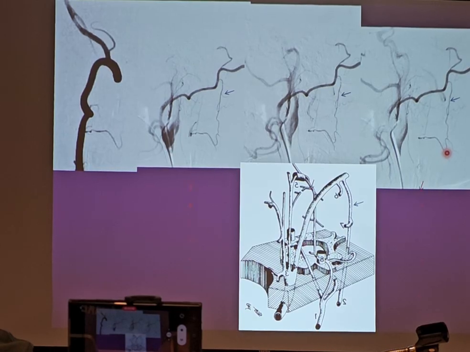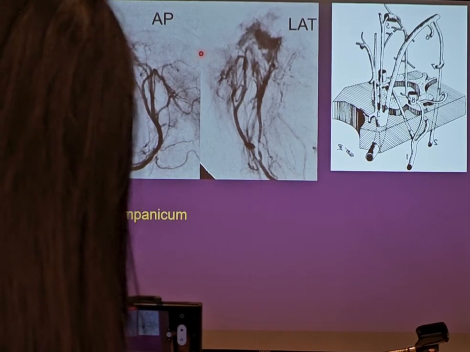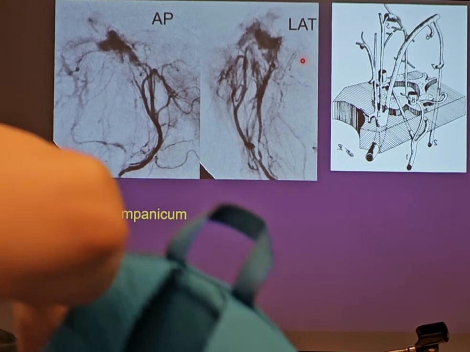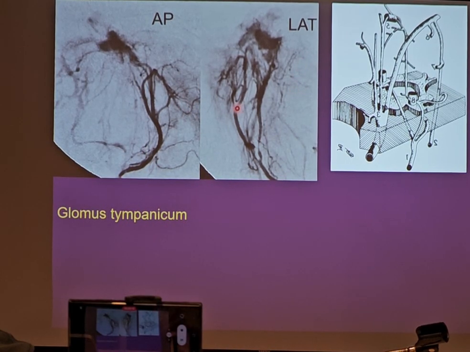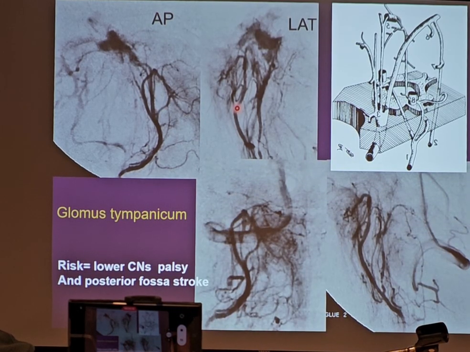It's there. It's there. So the real clinical usage is now you are dealing with the glomus tympanicum and you are requested to do embolization, and you hook in, super selectively embolize, and you need to know that this is after embolization.